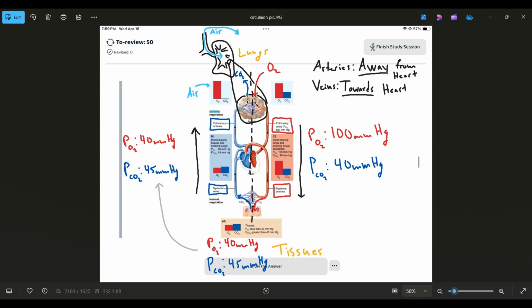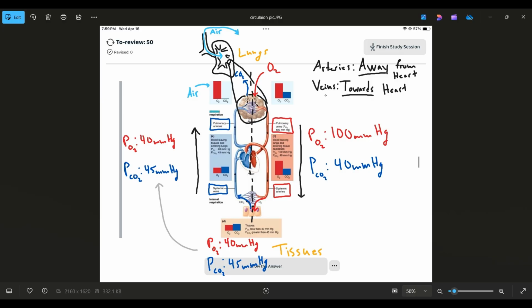And an important thing to note here is the difference between arteries and veins. So, as I've written up here, arteries are blood vessels that run away from the heart. So I remember, artery starts with an A, right? And away starts with A. So that's how I remember that. That's what arteries do. And then veins run towards the heart.